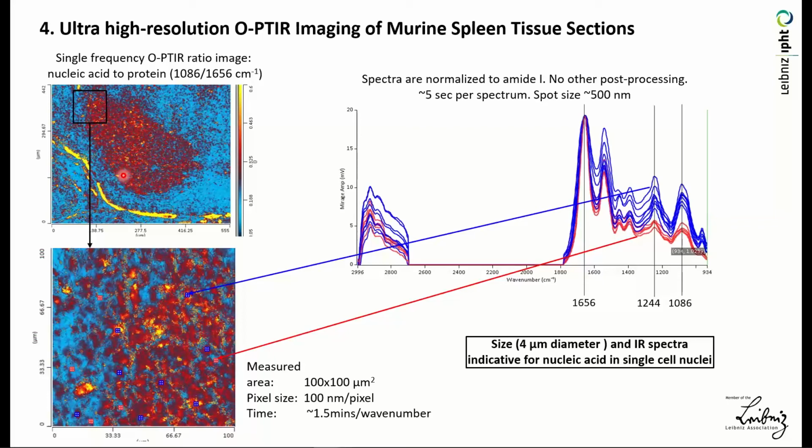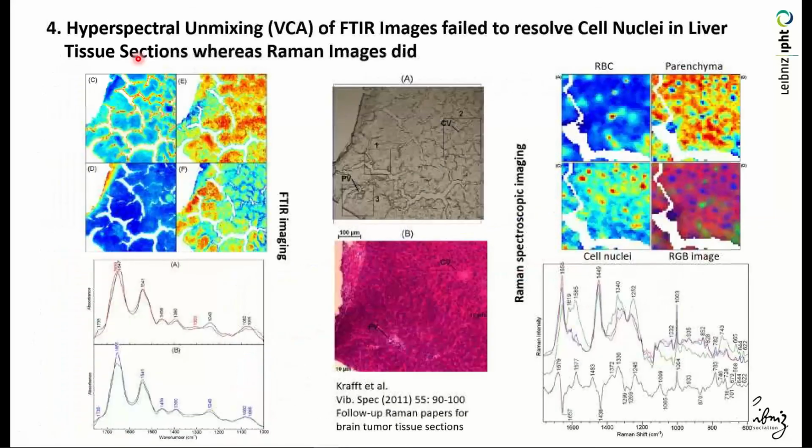The identification of cell nuclei in a tissue section was not successful by FTIR imaging in a former study. So in this study, in the unstained tissue section of liver, we noticed a few spots, and we couldn't assign the spots, so we collected an FTIR image and also a Raman image.